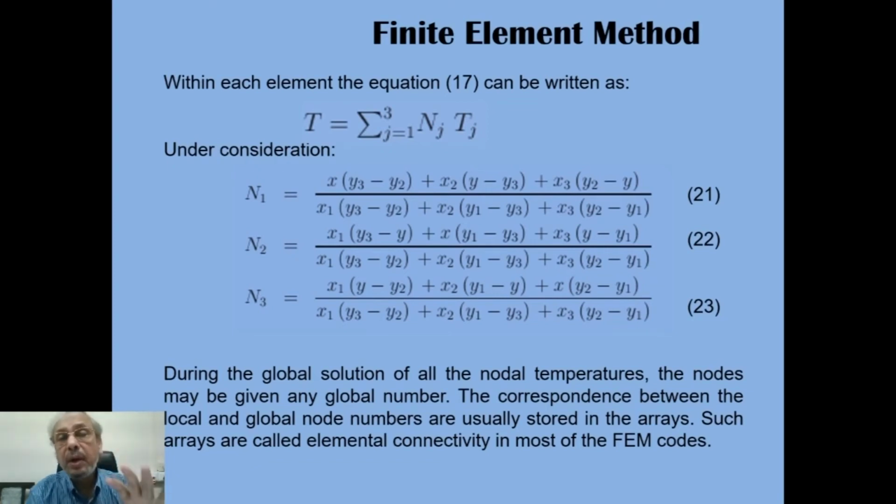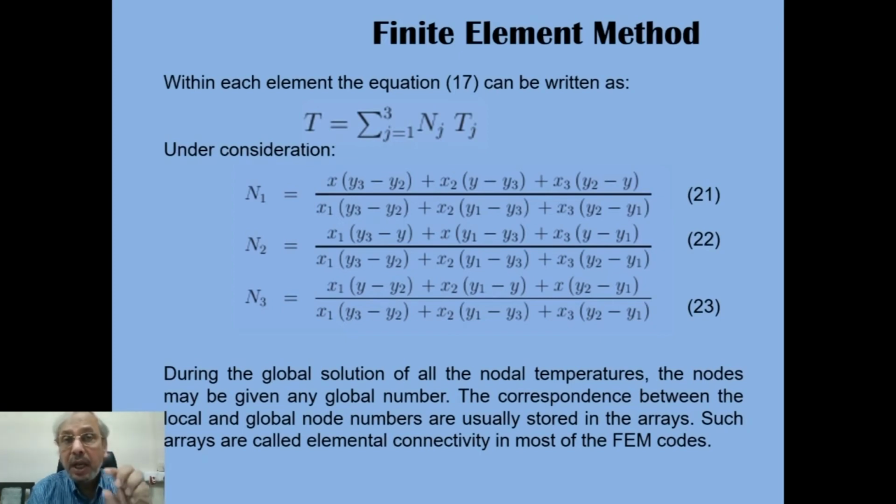So any global point will also be a point of 2 or 3 elements, a common point. A point has identification in the domain. Unique identification is the global node number.